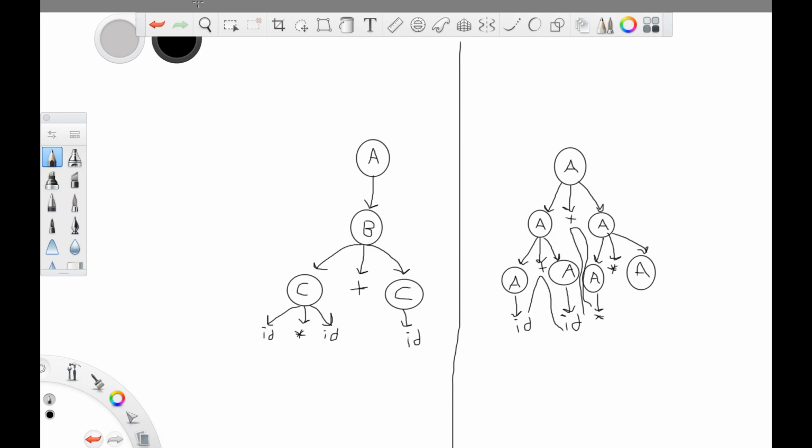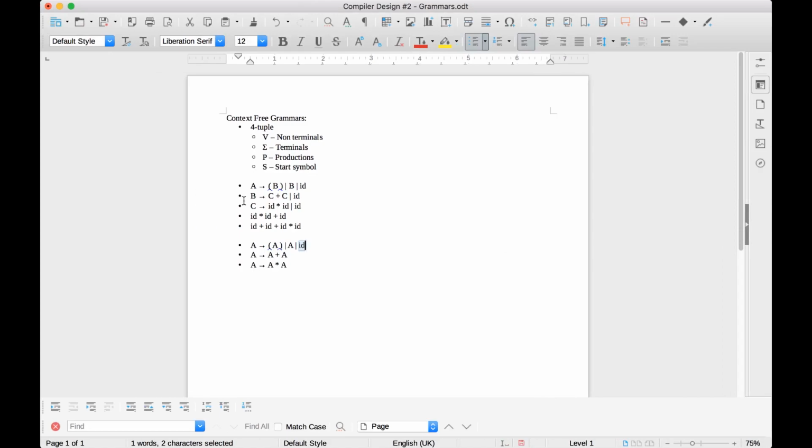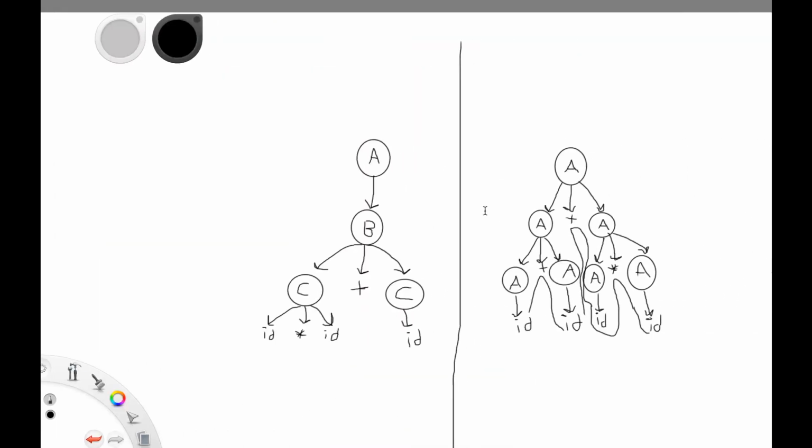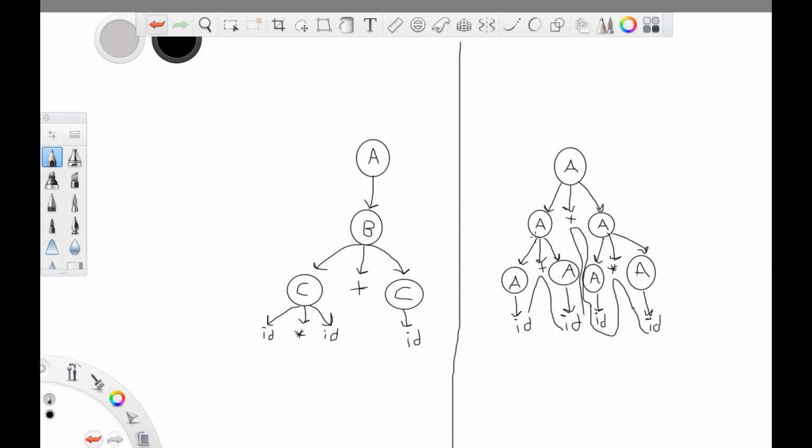Let me just take that back. It's going to become an ID, not a times. So we've got ID times and then another ID. So we've managed to parse ID plus ID times ID with this grammar. We've managed to output a parse tree that can represent ID plus ID plus ID times ID.